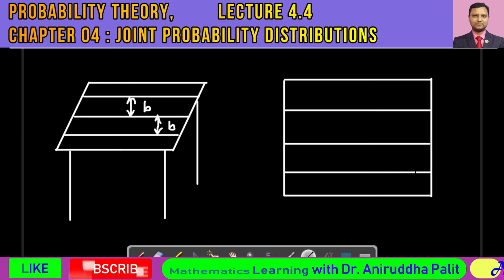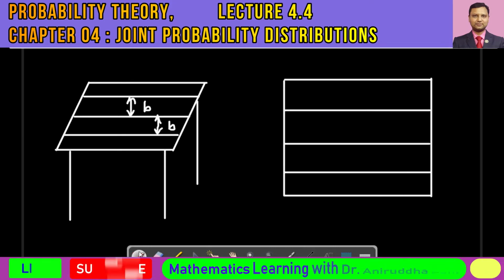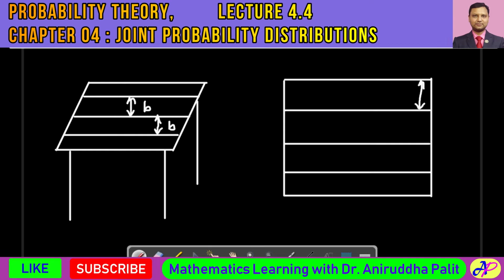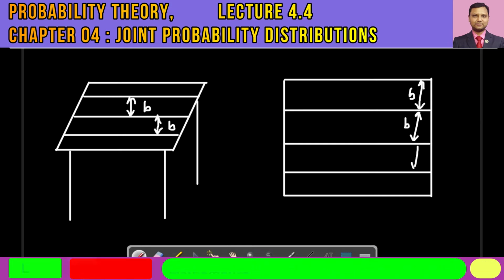Okay, and over here, this distance is equal to b. This distance is b. This distance is also equal to b, and so on.